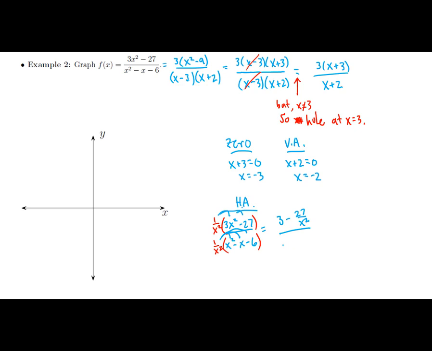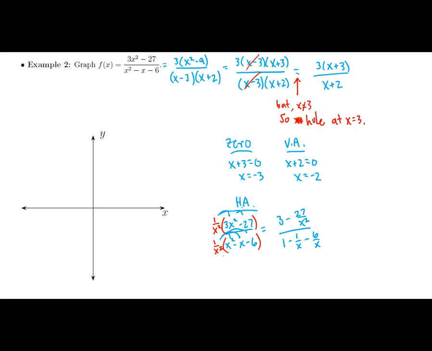And then on bottom we have 1 minus x over x squared, which is 1 over x when simplified, minus 6 over x.